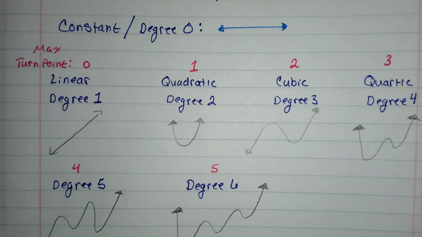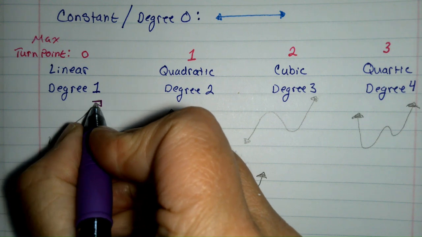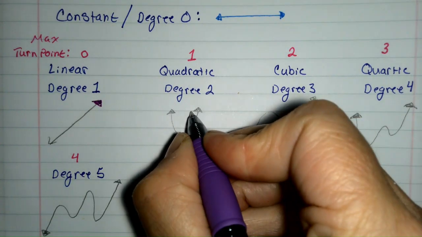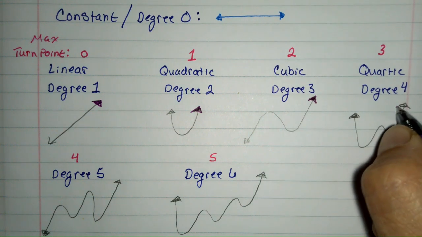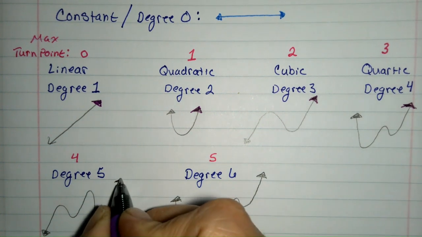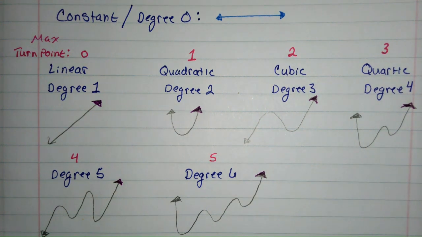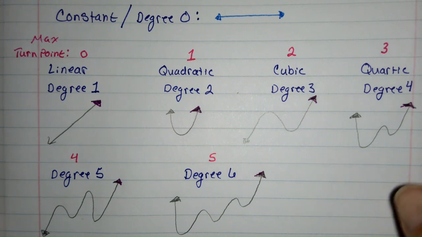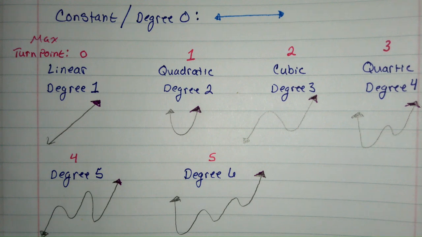Now I'm going to go through and look at the right side of the graph. Pointing up, pointing up, pointing up, pointing up, pointing up, pointing up. All the right sides of the graphs were pointing up. That's because a is greater than 0.